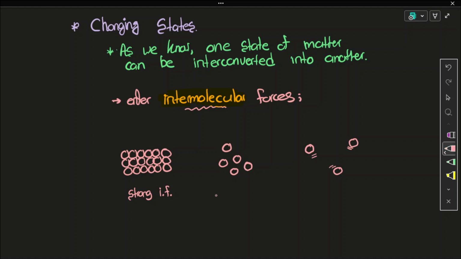What about liquids? Obviously, we can say that they have moderate intermolecular forces, followed by gases having very weak intermolecular forces. That's why they can float around. That's why solids can't.